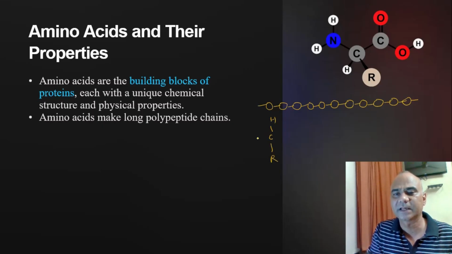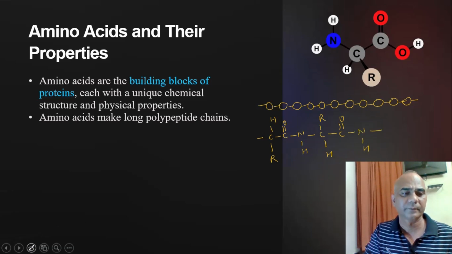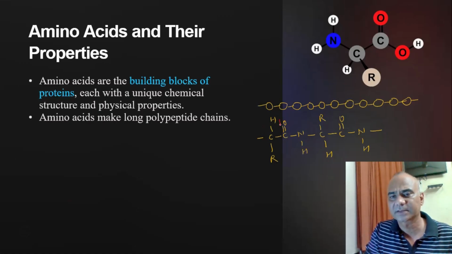The first group is the alkyl group and the carbonyl oxygen, and this structure is the peptide bond, and again the next structure is a second amino acid in a polypeptide chain. So many amino acids are bonded with the peptide bond, as you are watching in this structure, and this is the peptide bond.